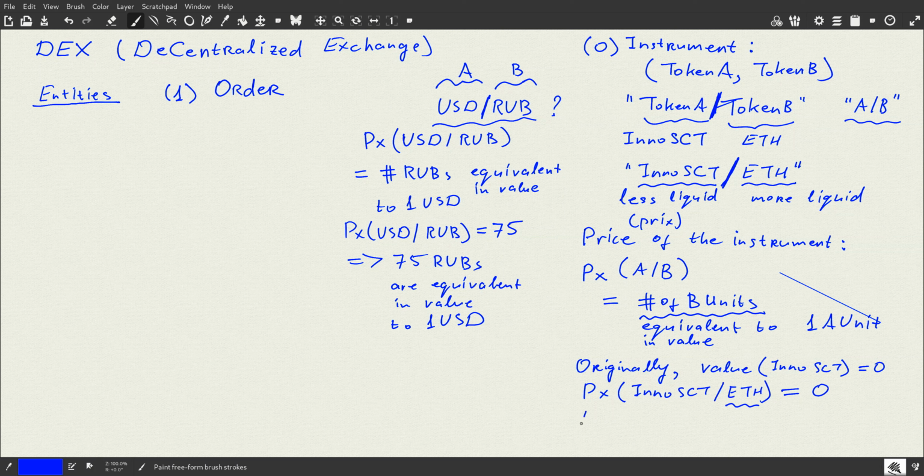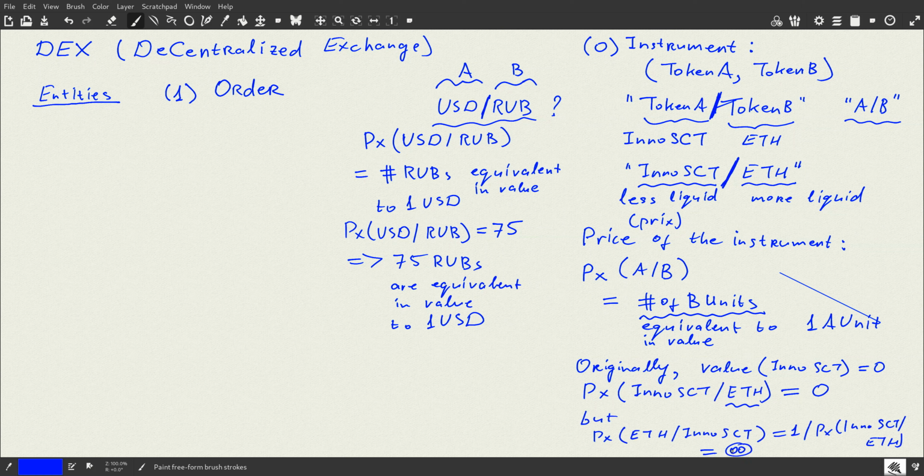On the contrary, obviously the price of the inverse pair, Ethereum to InnoSCT, is 1 over the price of InnoSCT to Ethereum, and for that reason is equal to infinity.